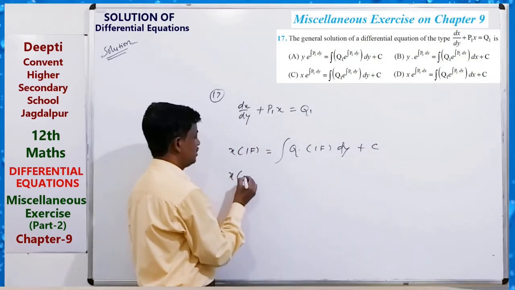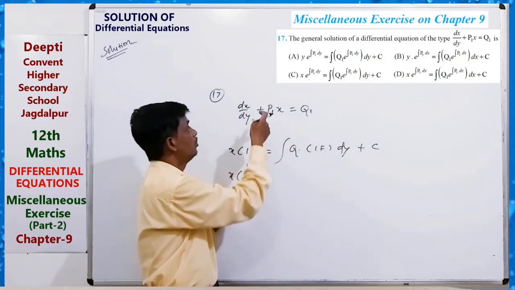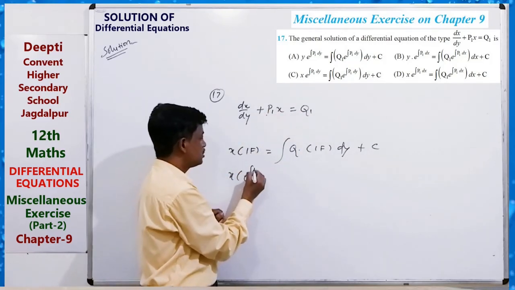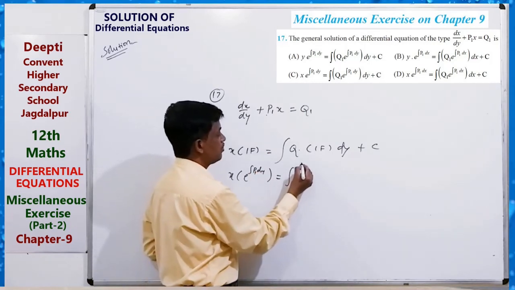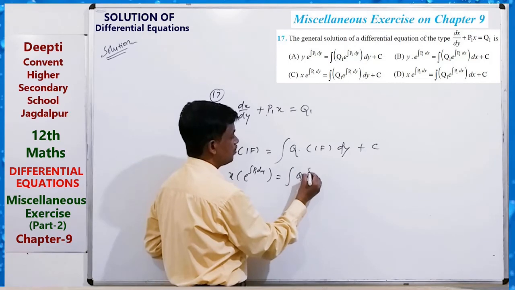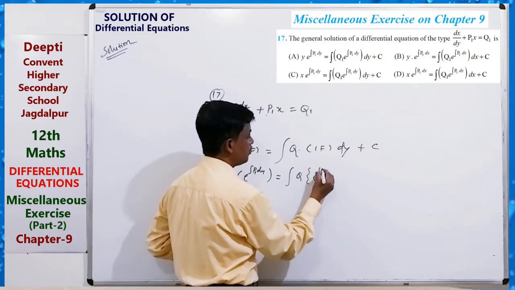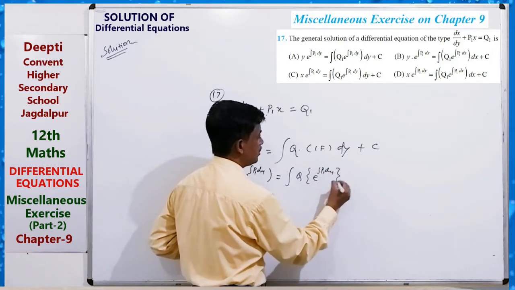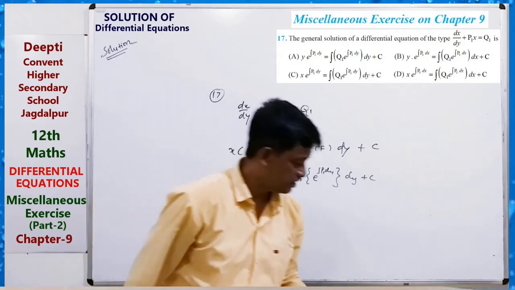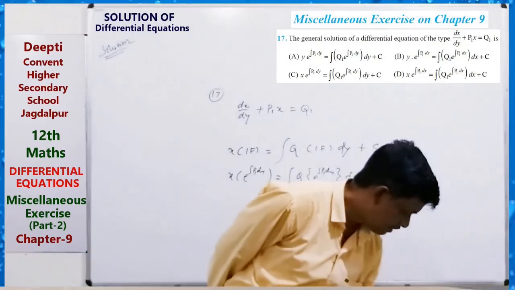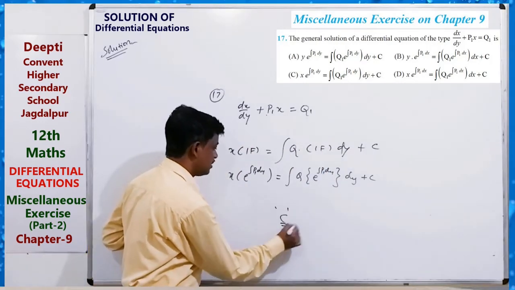Here P1 and Q1 are functions of y, so IF equals e to the power integral of P1 dy. This is given in option C. So C is the correct answer.